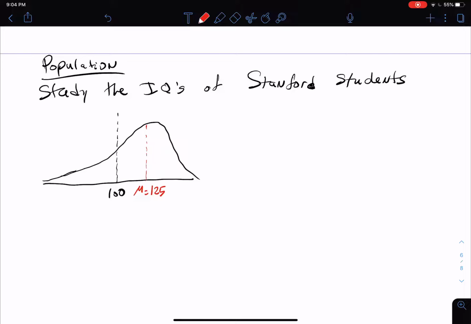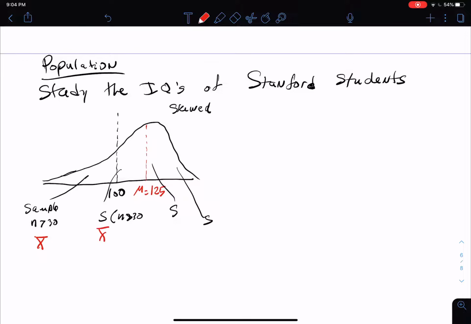So what I'm trying to say here is, using the central limit theorem, even though we have this skewed distribution, if I take my sample and that sample size is greater than 30, and I take another sample, and another sample, all greater than 30 data points, I can add them up and divide by the sample size to get these X bars, the sample means.